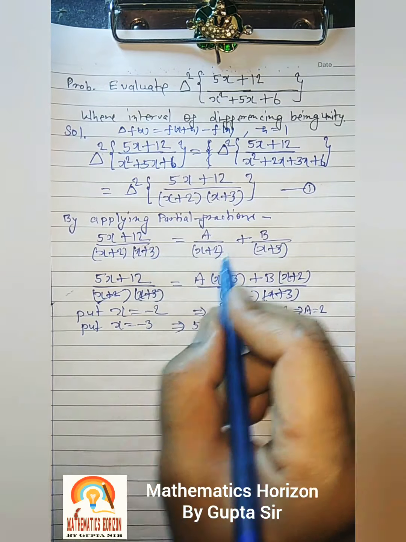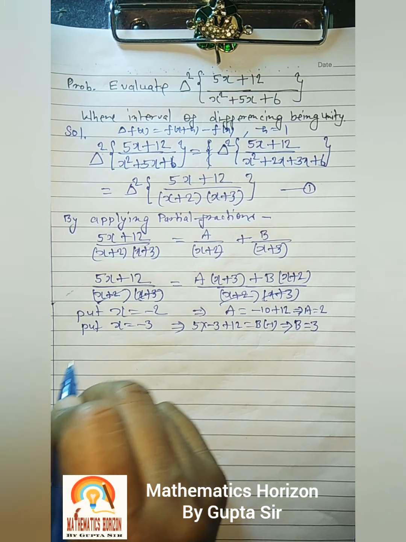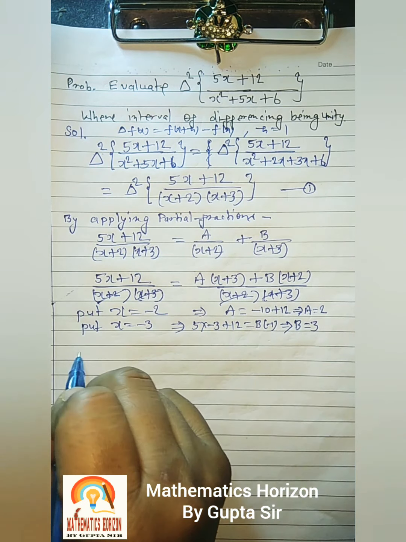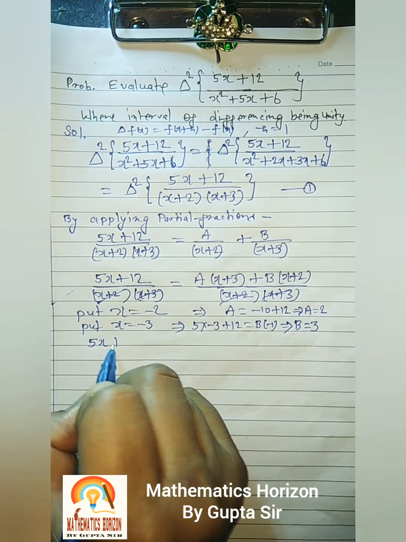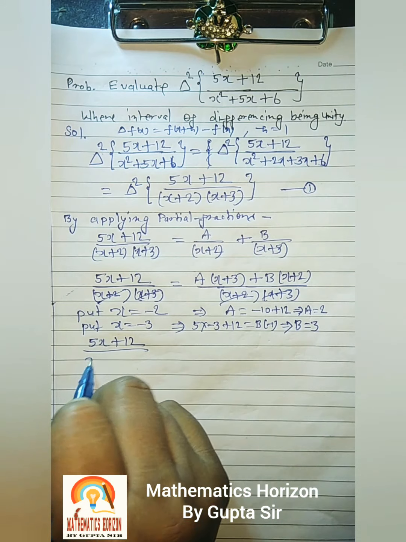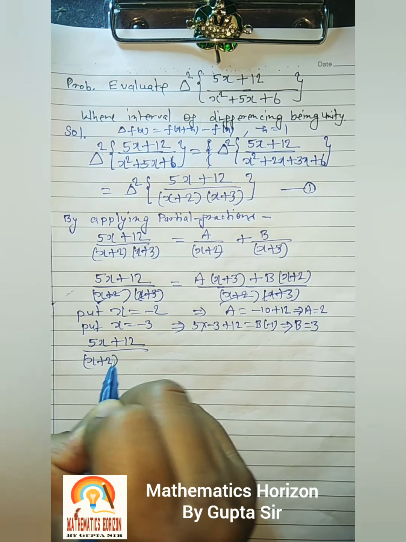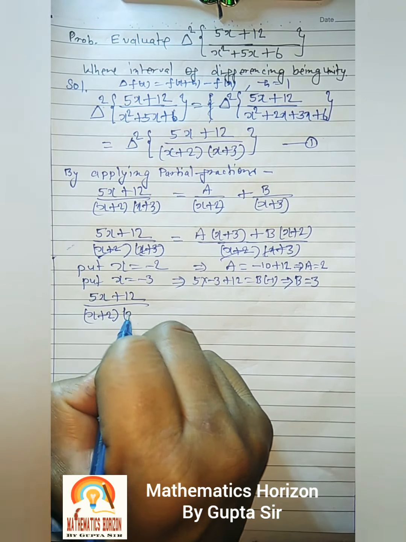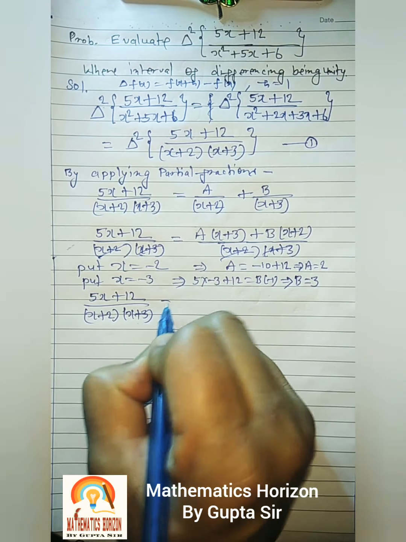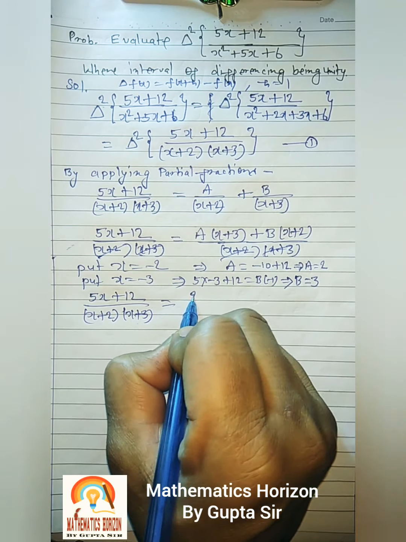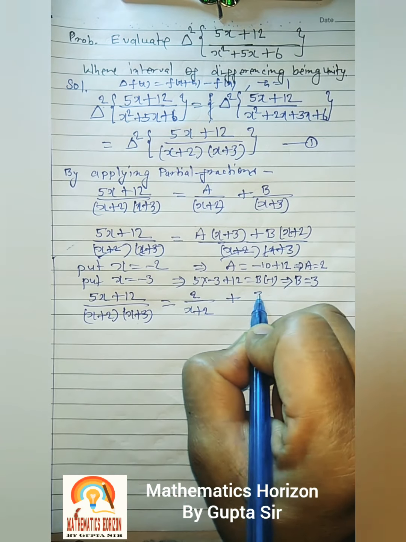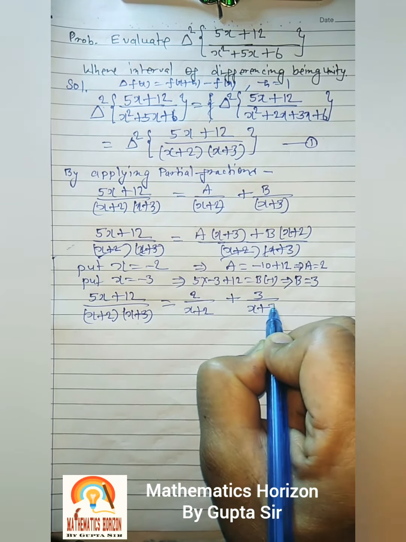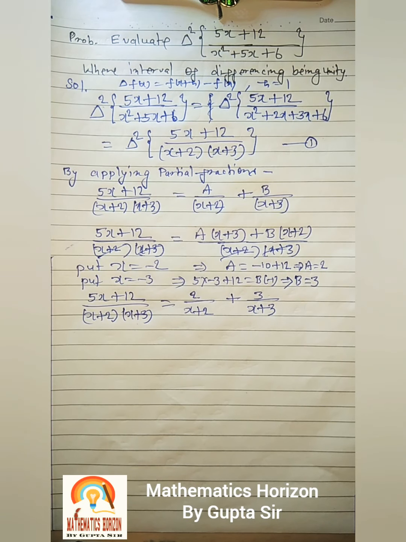That is, from this relation we have 5x plus 12 upon x plus 2, x plus 3 is equal to 2 upon x plus 2 plus 3 upon x plus 3.